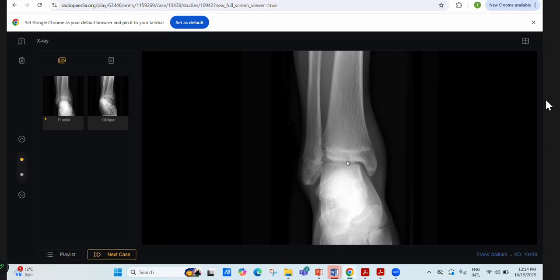If I classify according to the Salter-Harris classification, type 2 probably, and I would like to further evaluate it. What are the types, please? Recall them.